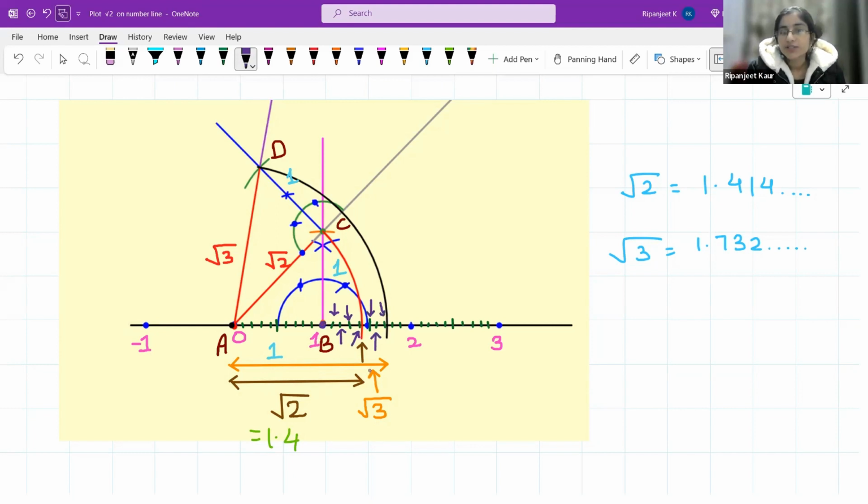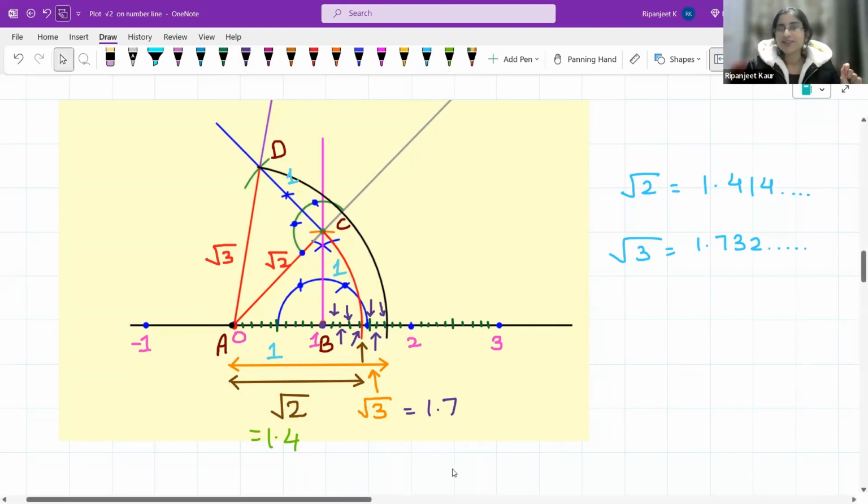See, after 1.7 there is a little more, but we know at least 1.7 is there. So this is how we can estimate the value of root 3 by looking at the number line. Isn't it interesting? So without even calculation, we can get by construction the values of irrational numbers, right?